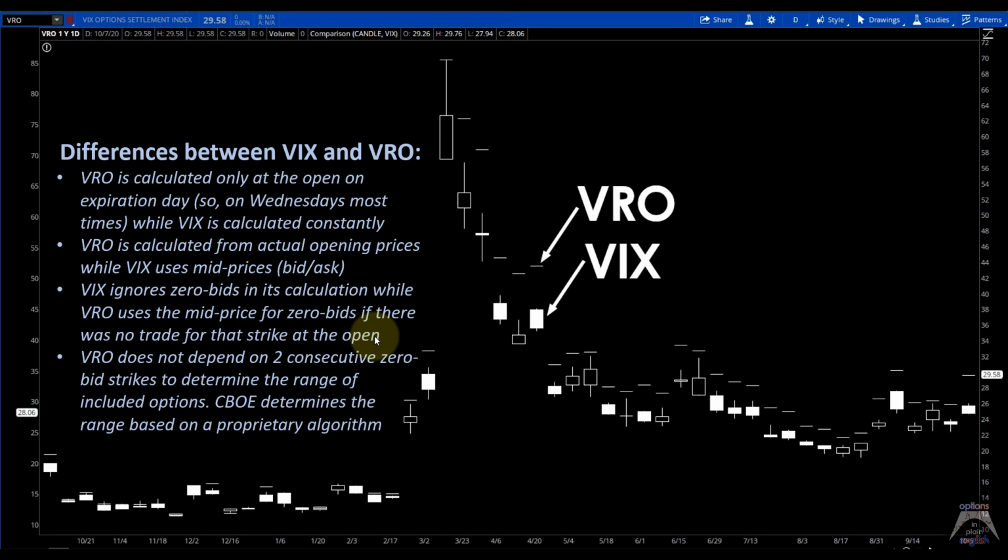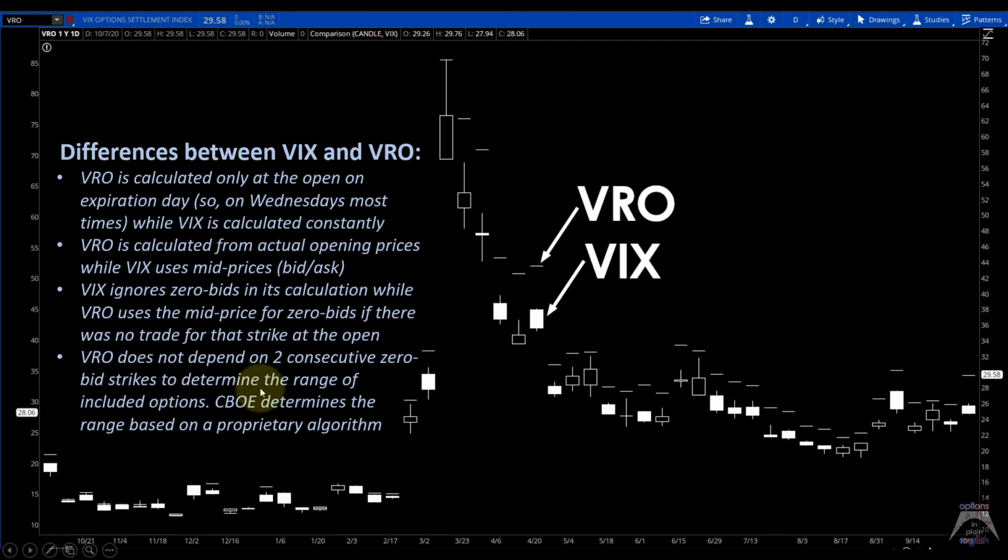For VRO, it's going to, because there was no trading price. Remember, VRO prefers trading prices, but since there's no trading price, it's going to take the mid price between the bid and the ask. So it's going to go as 2.5 cents.